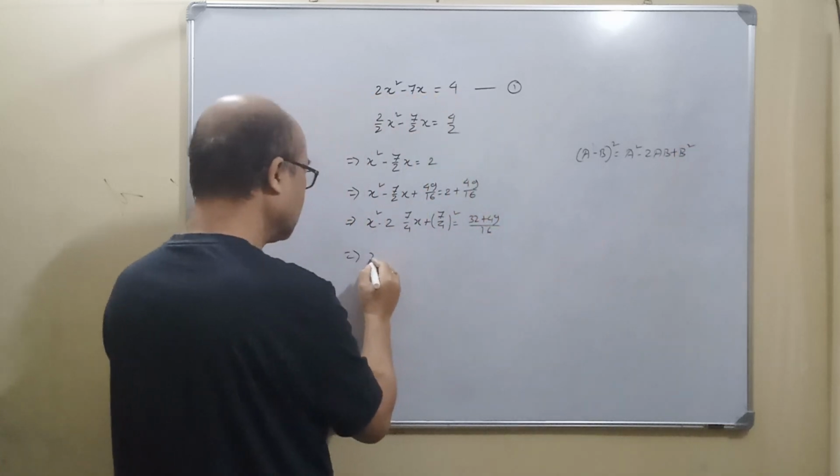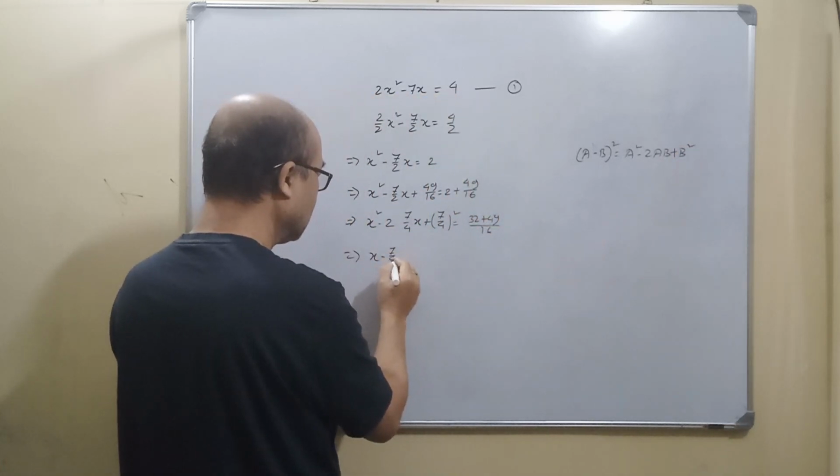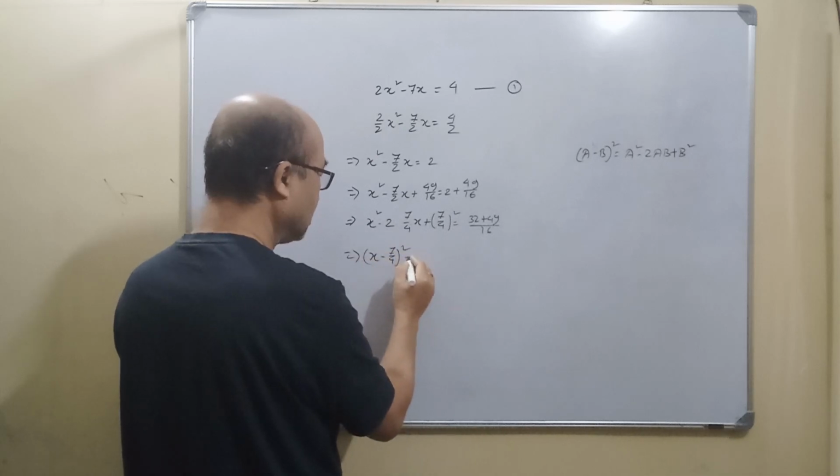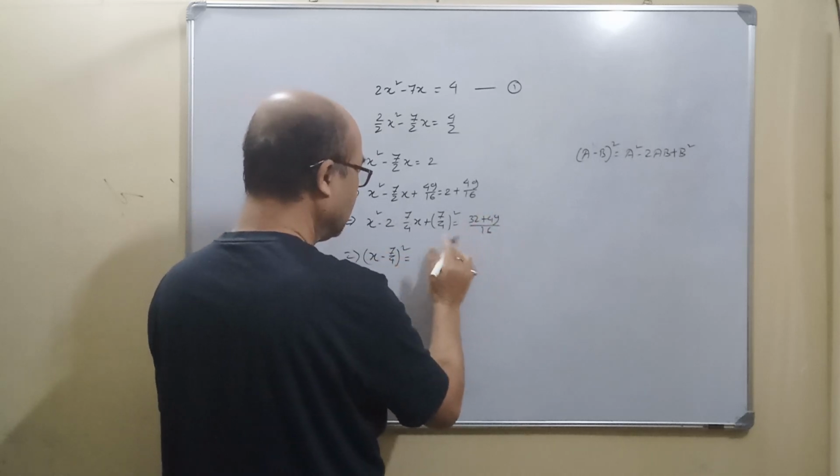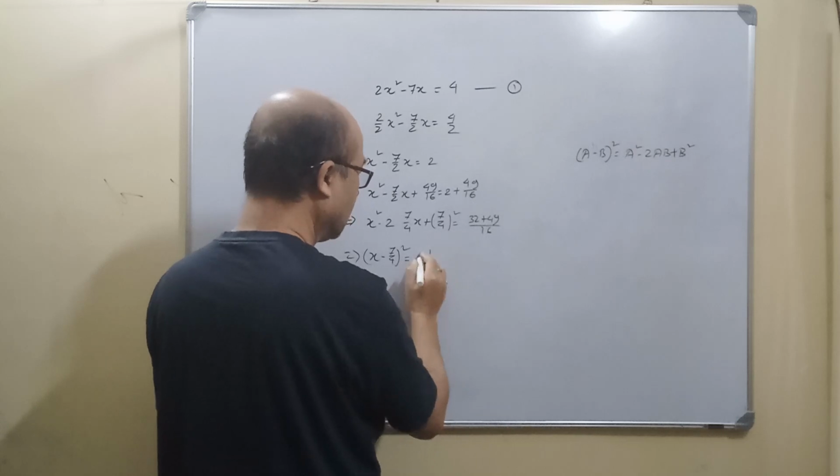So it becomes x minus 7 by 4 whole square is 39 by 2... is 81 by 16.